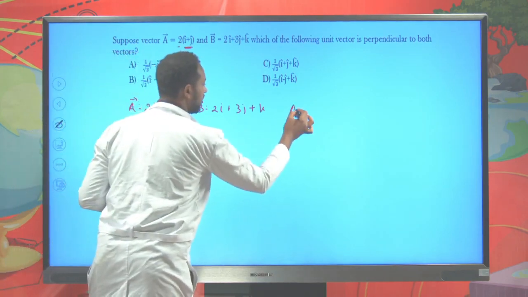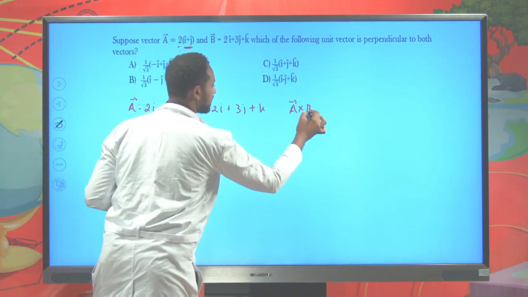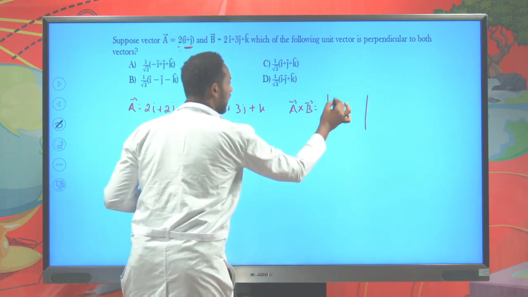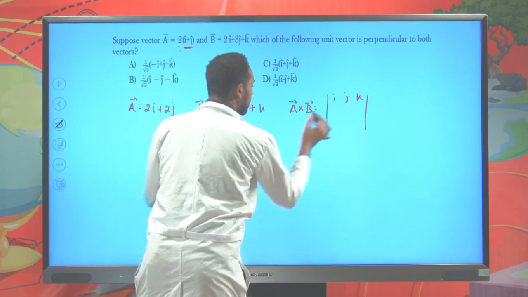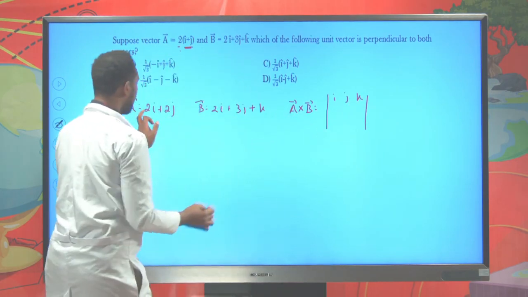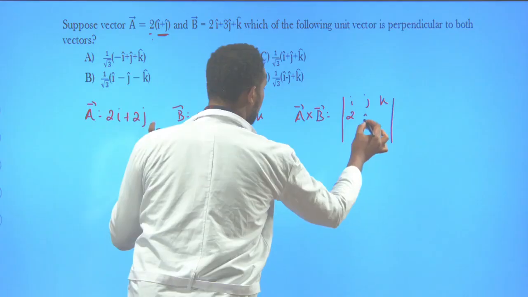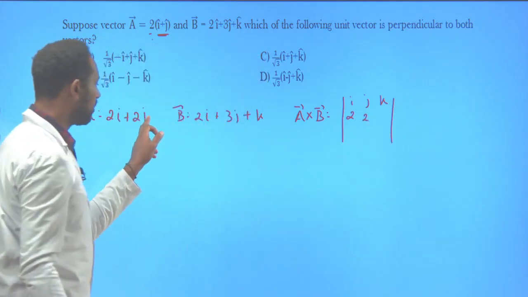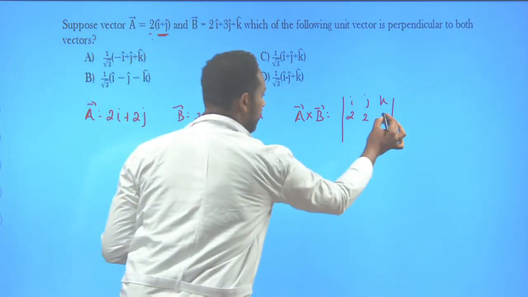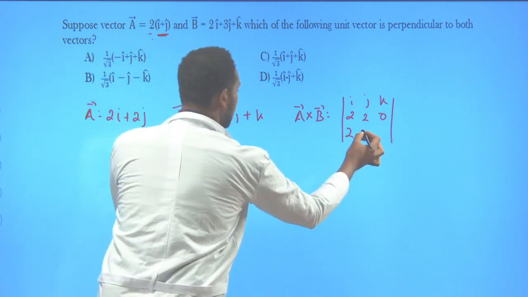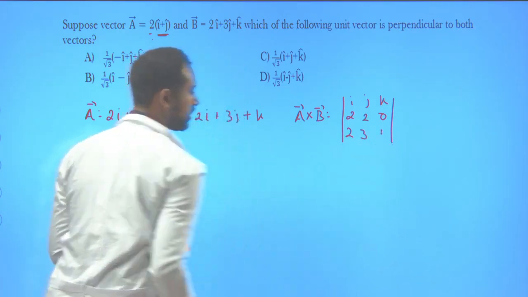If I say find the cross product of the two vectors, you have to put it in a matrix with i, j, and k. You put all the components of vector A as 2i and 2j as well. But here you don't have a z component, meaning it is 0. And here you have vector B, which is 2, 3, and 1.